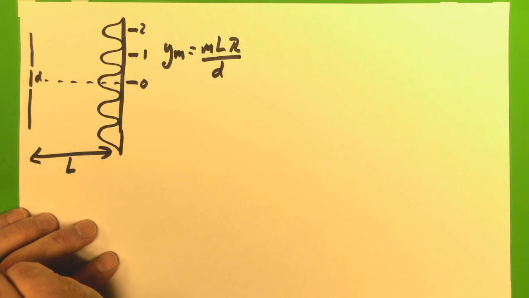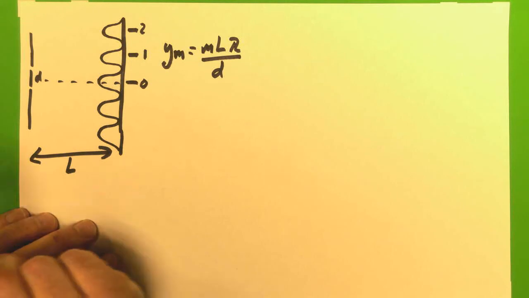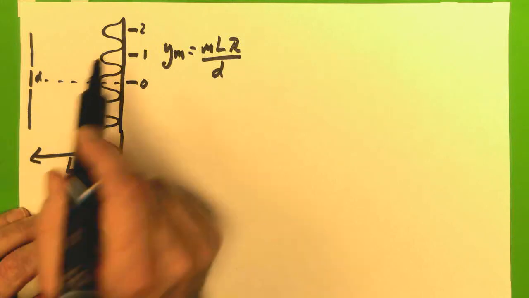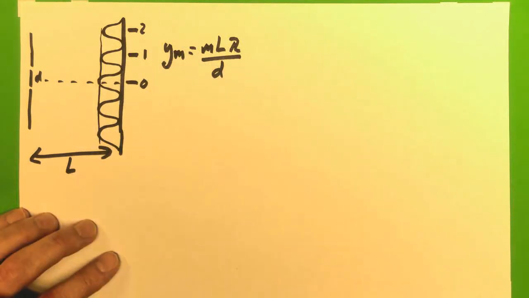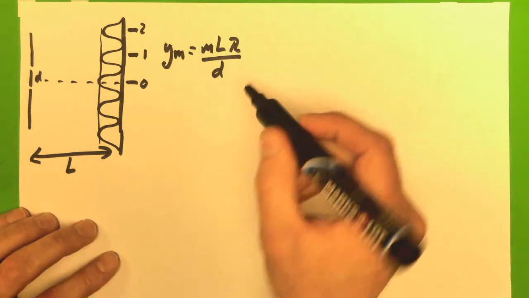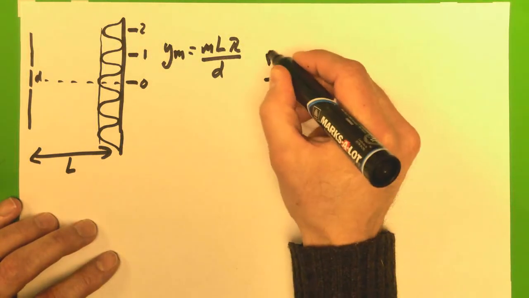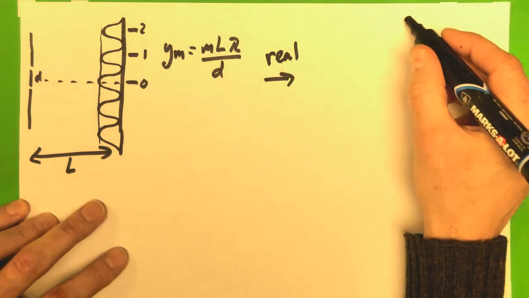So what's interesting is when you actually observe this, you don't see these equally intense spots. You actually see this. So for real, you see something that looks more like this.